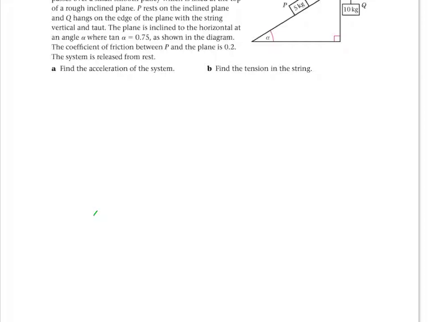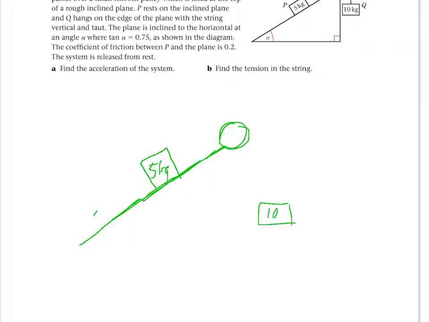So firstly, we've got our incline, and we've got our pulley on the end, and we've got our 5 kilograms, and we've got our 10 kilograms, and that is connected by a string, and it's at an angle of theta.